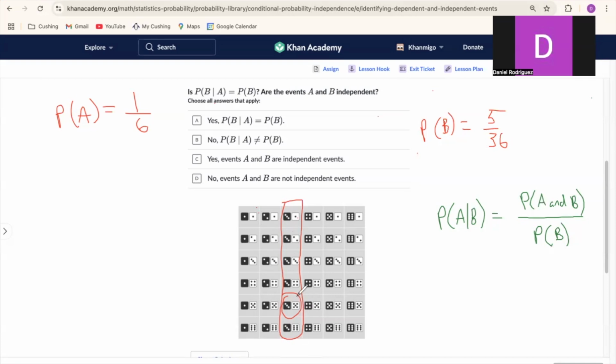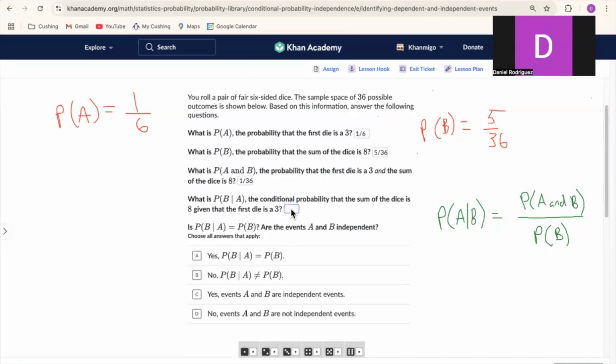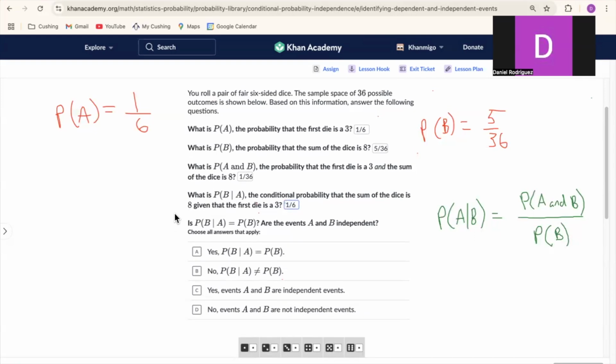So there's a 1 out of 6 chance, because you have to get a 5 on your second die. If you use the conditional probability formula, you should get the same exact thing. So I'll say 1 over 6. That's the probability that I get a sum of 8, given that my first die is a 3.